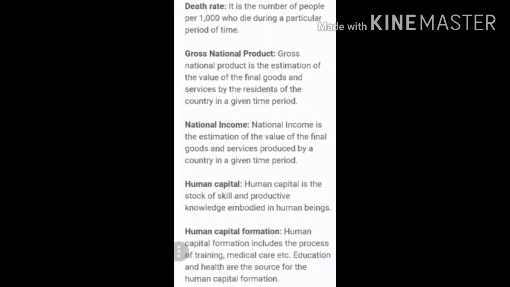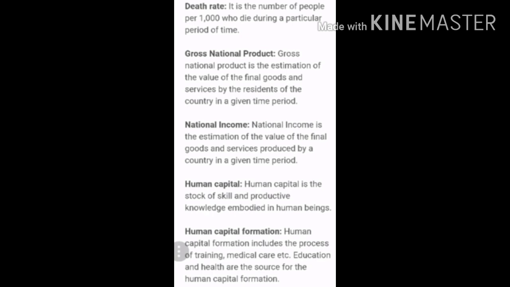I hope you are clear. After birth rate, we can see death rate. It is the number of people per thousand who die during a particular period of time. That is called the death rate. After that, gross national product. Gross national product is the estimation of the value of the final goods and services by the residents of the country in a given time period.